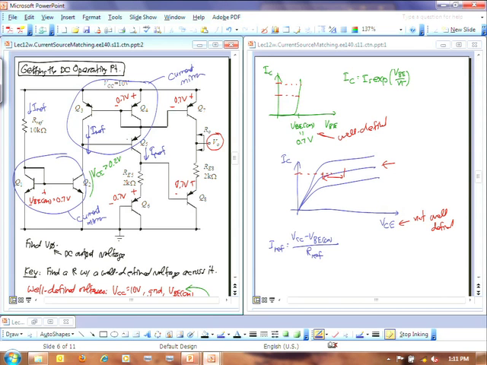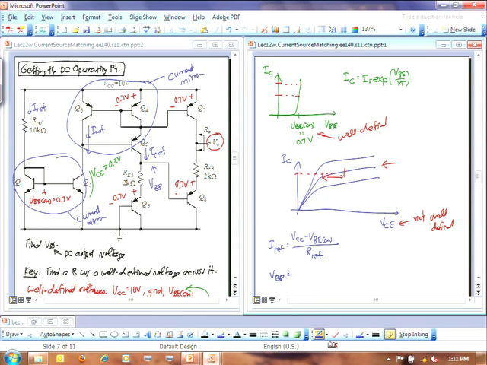And then I look at this and I say, oh, okay, I know that IREF is going through RE5. So I know that the voltage right here, which I'm going to call VB of 8, the voltage at the base of transistor 8, VB of 8 is going to be equal to a VBE on, which is across Q6.